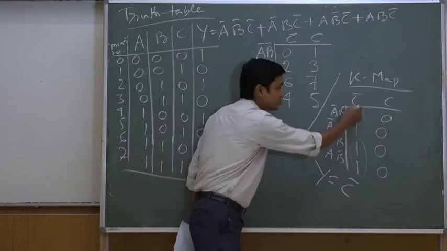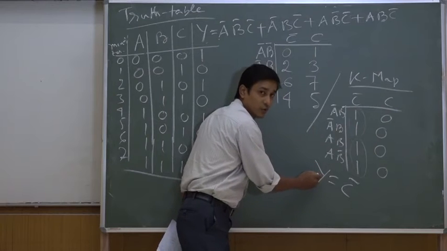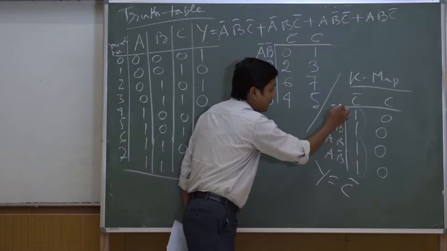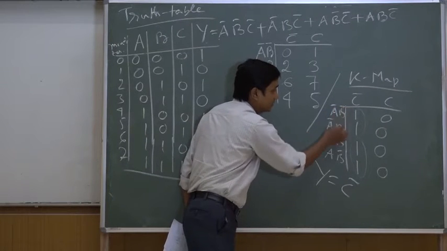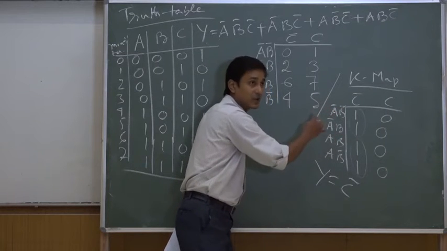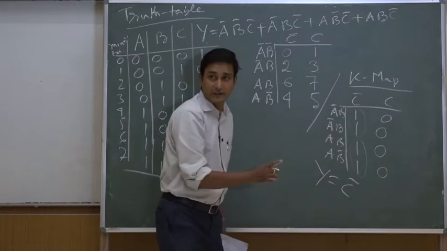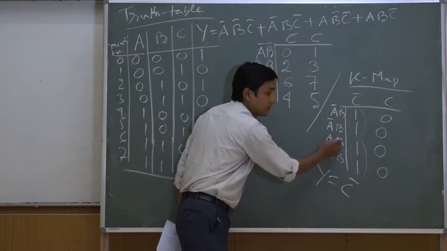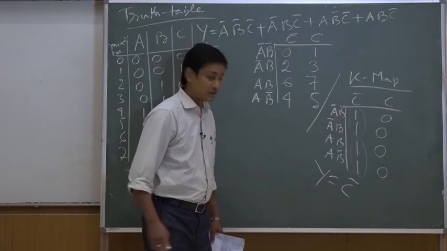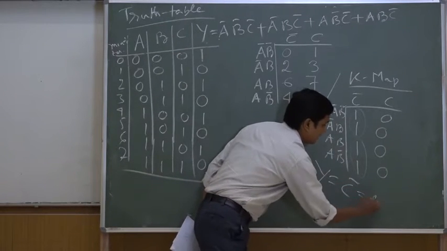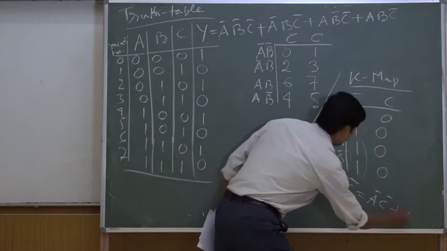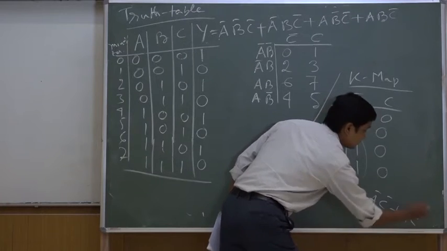If I take this group of 2, then B bar and B get cancelled, so I had to leave them and only A bar was common. So A bar, C bar I had to write. Similarly, for this A is common, B bar is not there, so A, C bar I could write.